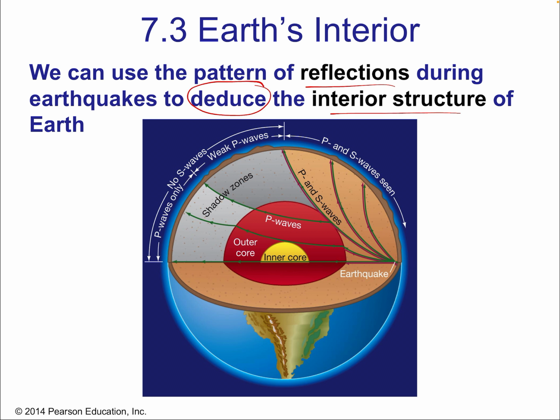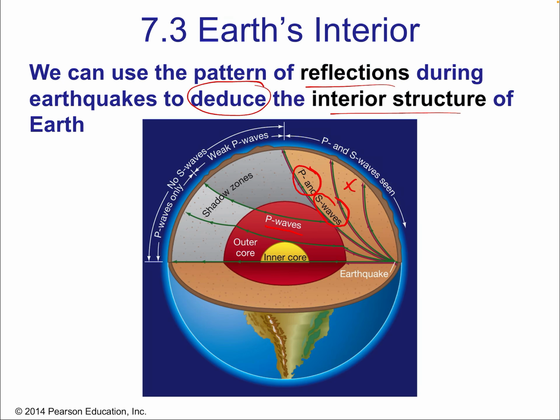P are the pressure waves, or the longitudinal waves, and S waves are the shear waves. Both can travel freely through the solid mantle of the Earth, right? Here's the mantle. But only the pressure waves can travel through the core, both the outer core and the inner core.